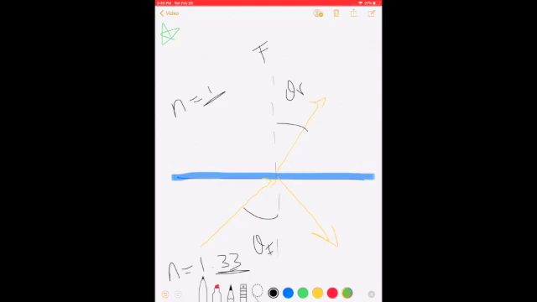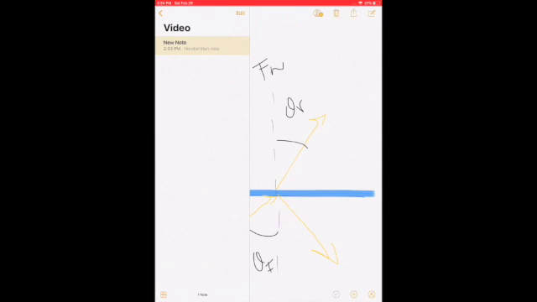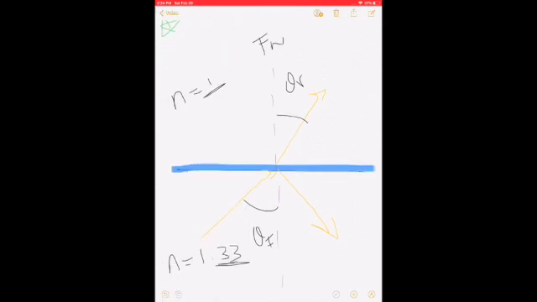Okay, but we still have the two options. You can either refract, or you can completely internally reflect. Those are the two options that we have.